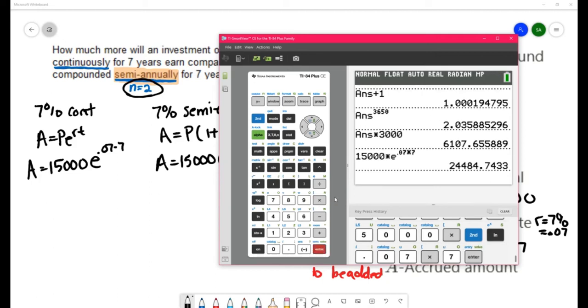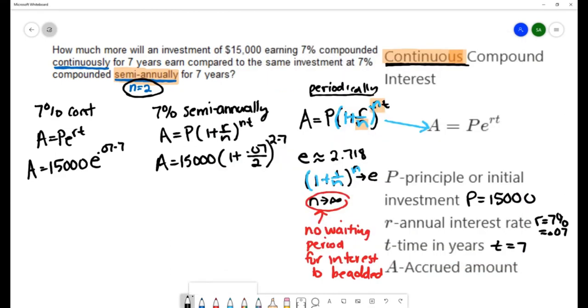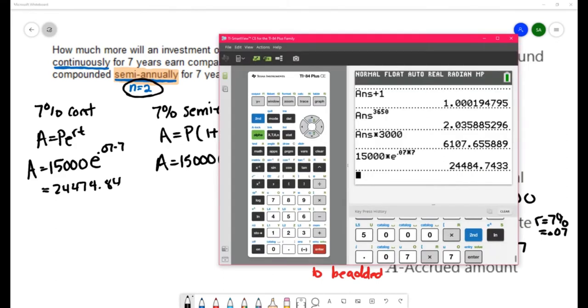And after 7 years, that $15,000 will have grown to $24,484.74. I rounded to the nearest cent because we're talking about money. So then let's calculate the other one.